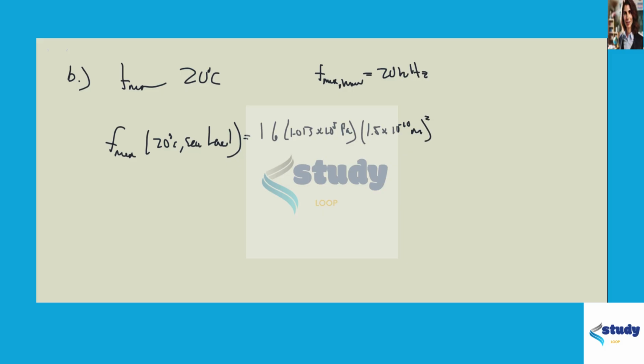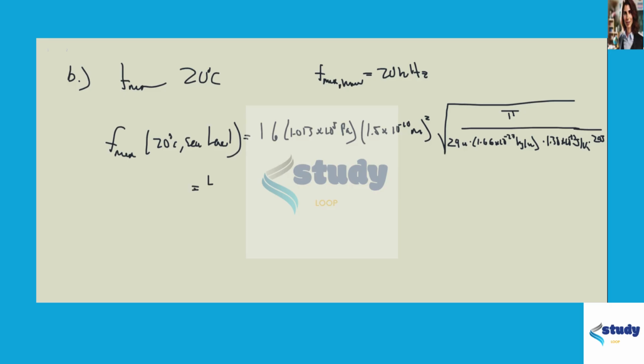And we have to square this, and times the square root of pi, and the molar mass of air is 29 atomic units. Convert that to kilograms per unit, and times 1.38 times 10 to the negative 23 joules per Kelvin, and lastly 20 degrees Celsius is 293 Kelvin. Awesome. Let's plug all that in.